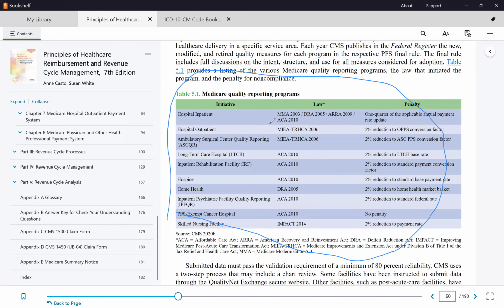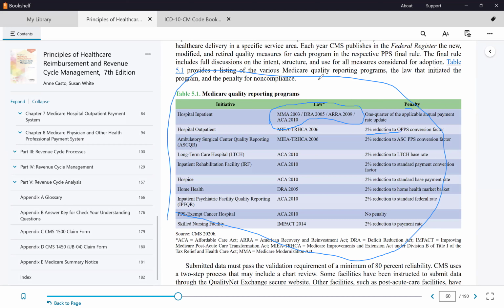If you don't meet the terms under these laws, you will be penalized as follows: 1/4 of the applicable annual payment rate update, 2% of the reduction to OPPS conversion factor, and so on.